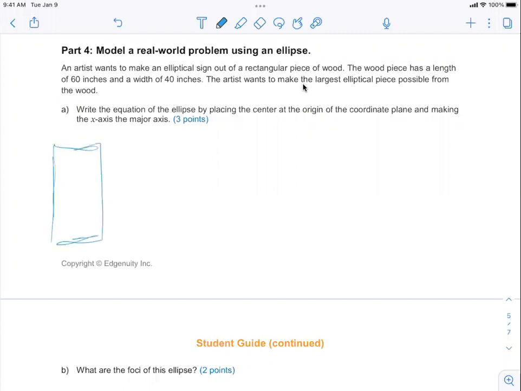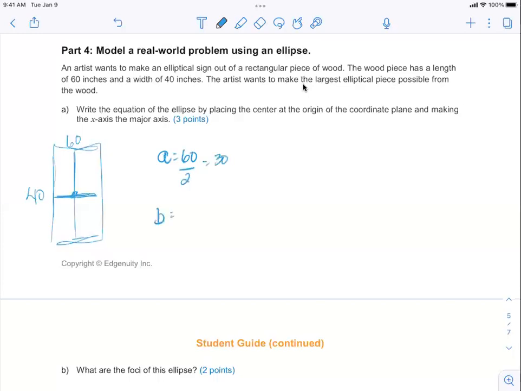And we know that it's 40 by 60. So we want the center of the wood to be the center of the coordinate plane. That's what's going on here. So we want the A and B values of the ellipse. So A, the major length, the longer one, would be 60 divided by 2, which is 30.